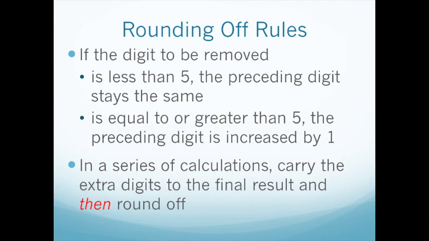And if the digit being removed is equal to or greater than 5, then the preceding digit is increased by 1. An important thing to remember about rounding is that if you're doing a series of calculations, you should carry the extra digits all the way through the calculation to the final result and then round. Otherwise, you may make an error.